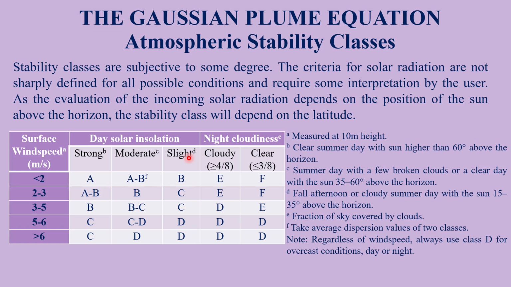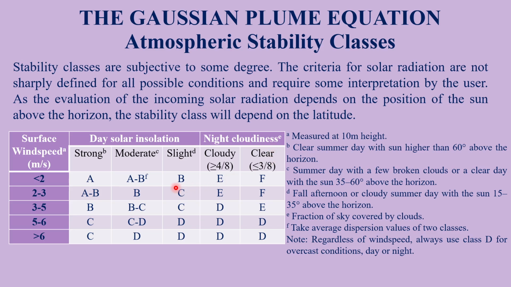And D is the fall afternoon or cloudy summer day with sun 15 to 35 degree above horizon. And E is the cloudiness, the fraction of sky covered by clouds.